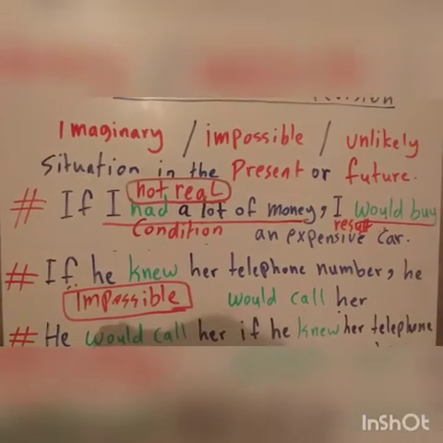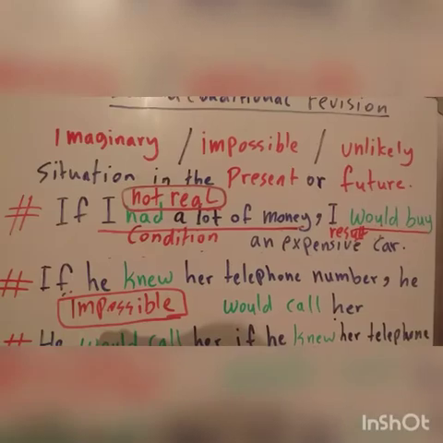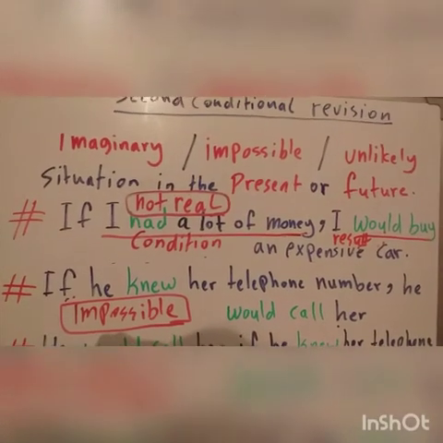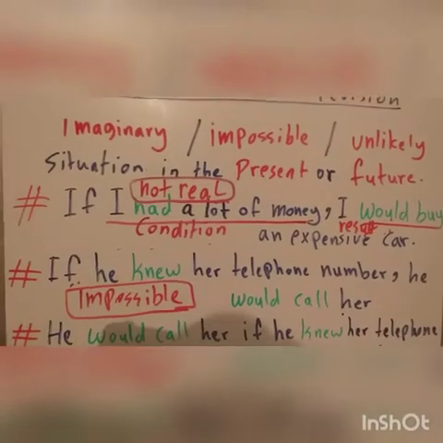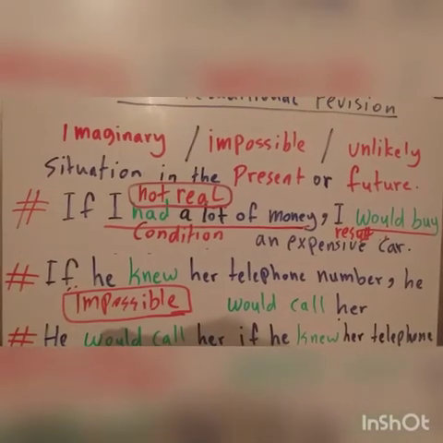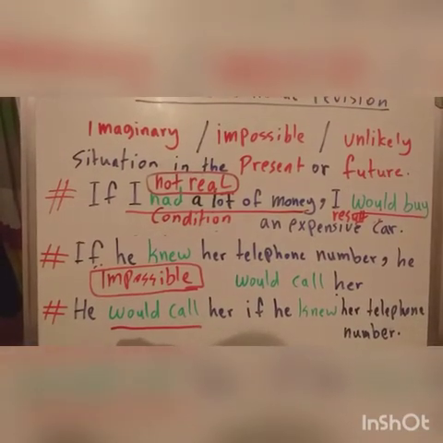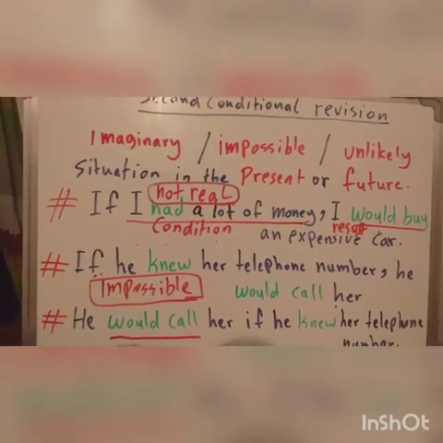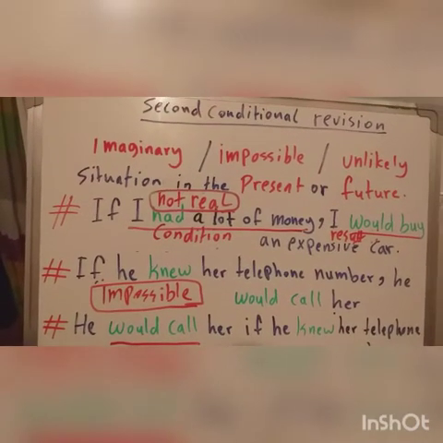The meaning of the past simple in these sentences doesn't mean that it happened in the past. The meaning, in fact, is in the present or in the immediate future. But we use the past simple to show that we are far from reality.